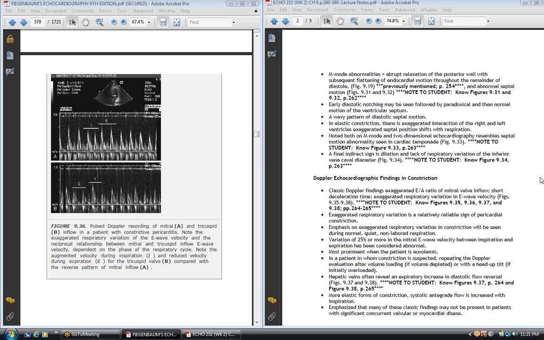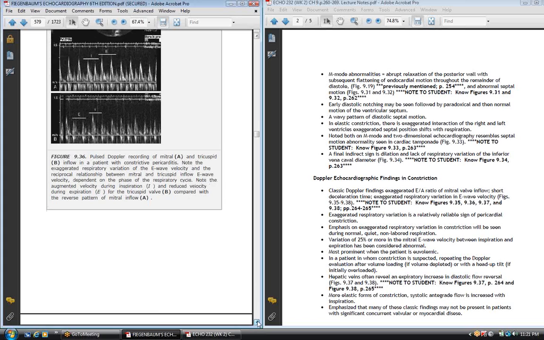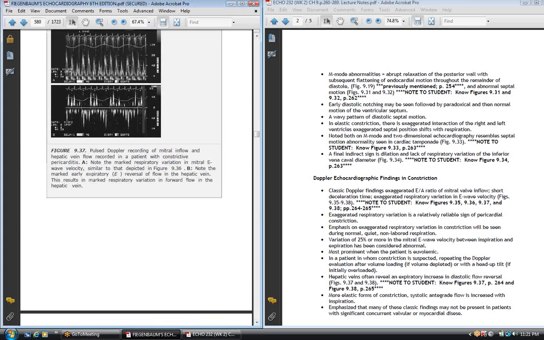Hepatic veins often reveal an expiratory increase in diastolic flow reversal. So let's go look at 937. You have your hepatic veins on the bottom. You have a marked respiratory variation in the mitral E-wave velocity on the top. And you note the marked early expiratory, when you exhale, reversal of flow in the hepatic vein.